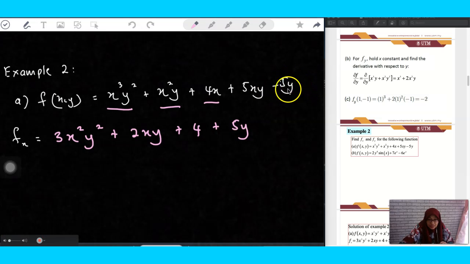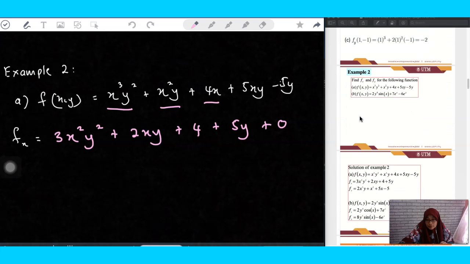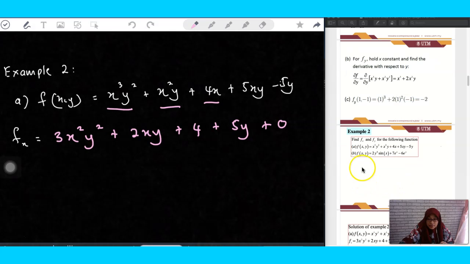No, so this one is all constant. Differentiate a constant, you will get 0. So that is your answer. Just checking: 3x squared y squared, 2xy, 4. Now we go to the second one.